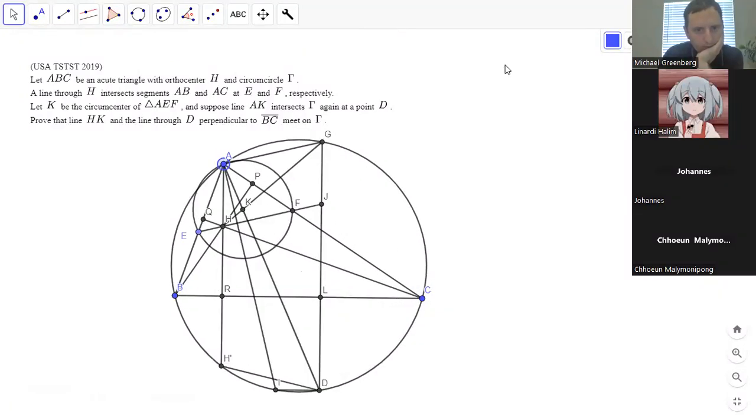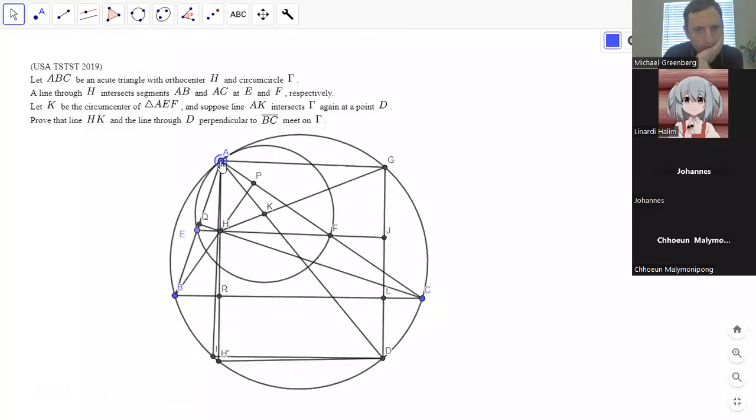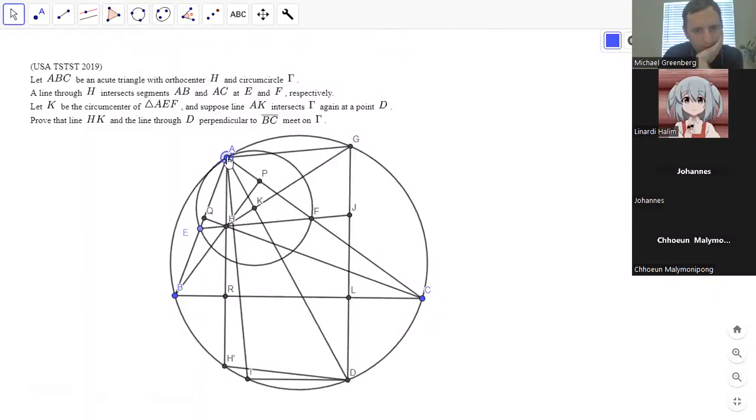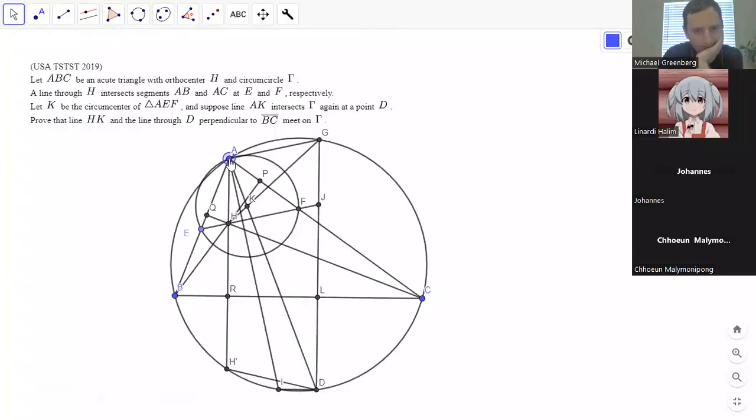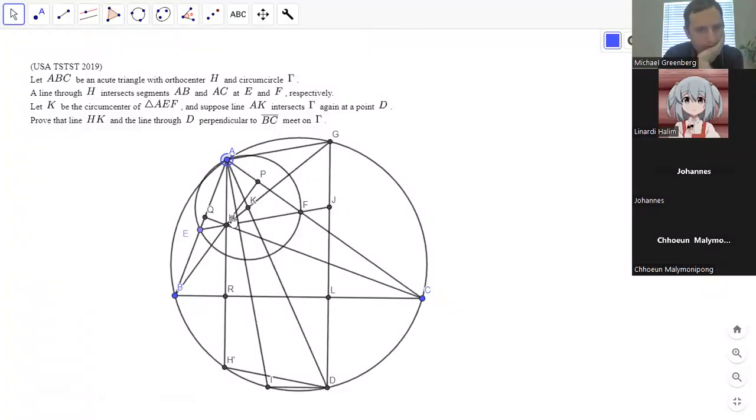Whoops. I just changed A a little bit and it makes the whole figure jump. It's crazy. So this would be cyclic, for example.